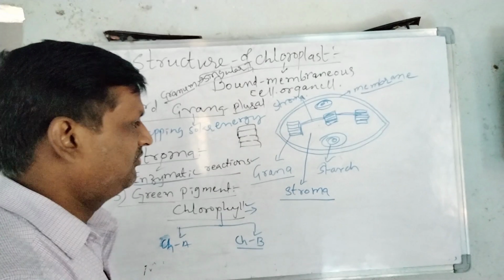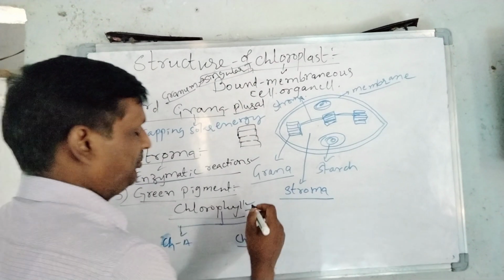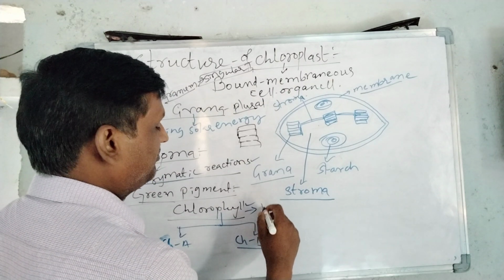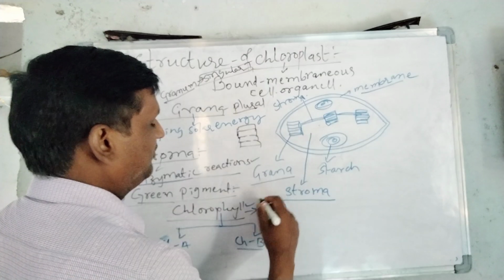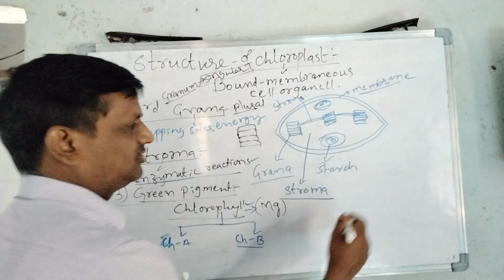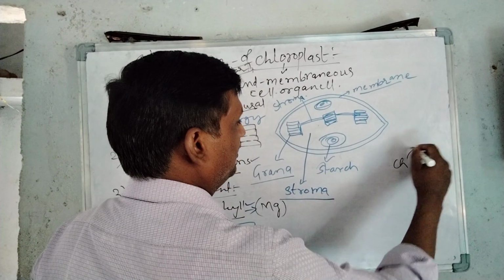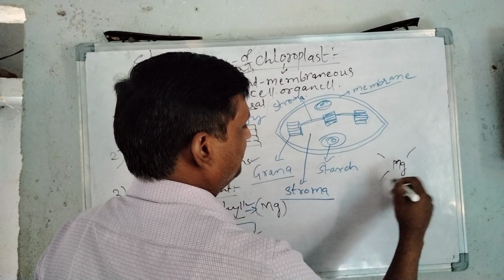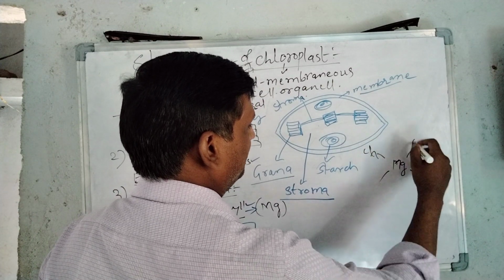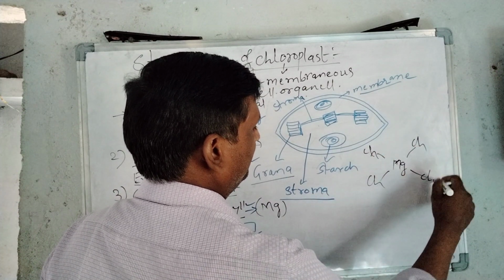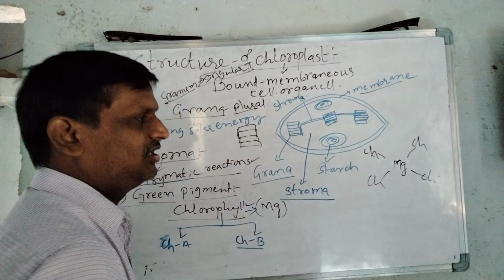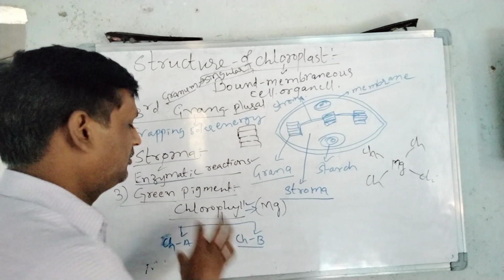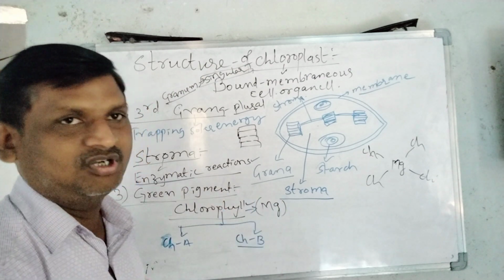See, generally chlorophyll is one of the pigments. This pigment consists of one ion called the magnesium ion. Very important: suppose this is a chlorophyll, then the central ion present here is magnesium.